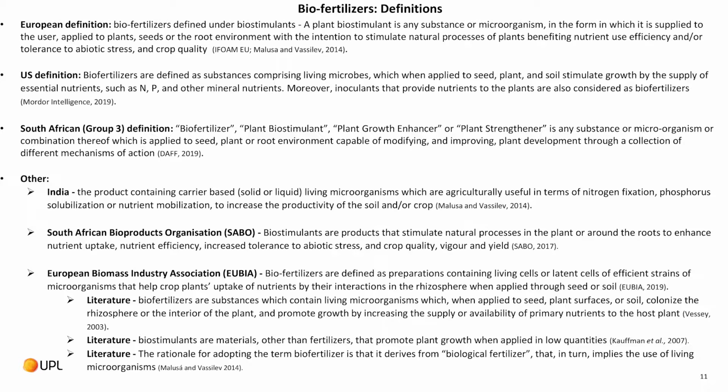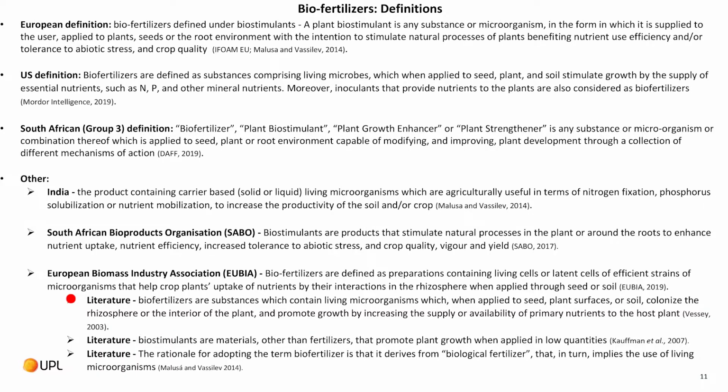It focuses on nutrients, tolerance to abiotic stress, crop quality, vigor, and yield. And then you've got the European Biomass Industry Association. They also focus, in this case, on microorganisms with living cells and latent cells from efficient strains of microorganisms that help crop plants' uptake of nutrients. So again here, there's focus on the nutrients.